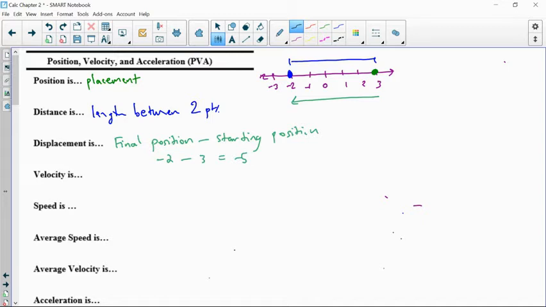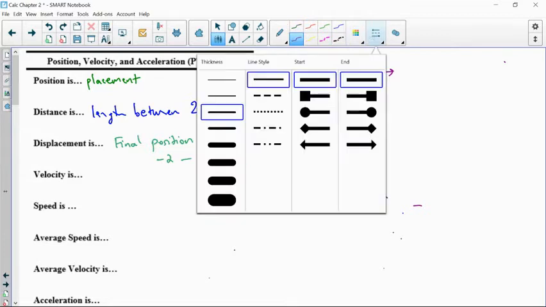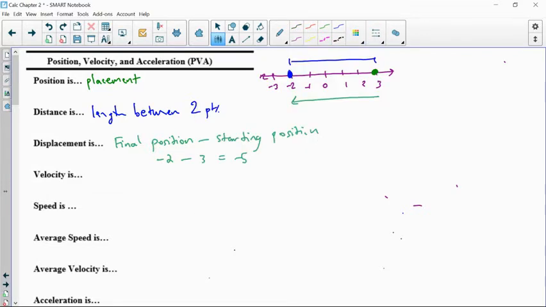Now, if you look at velocity and speed, they're very closely related to displacement and distance. Velocity is the change in displacement over time, where speed is the change of distance over time.